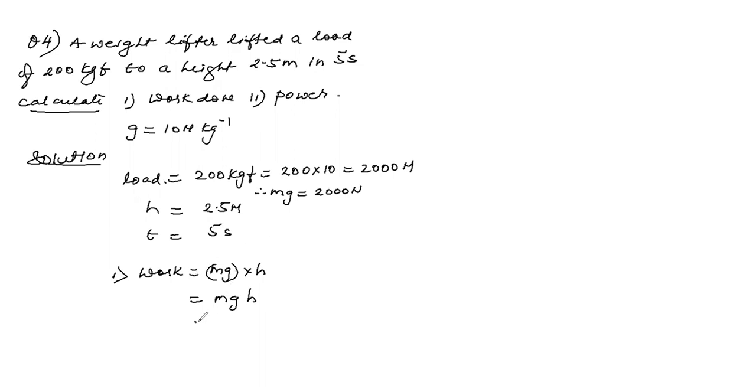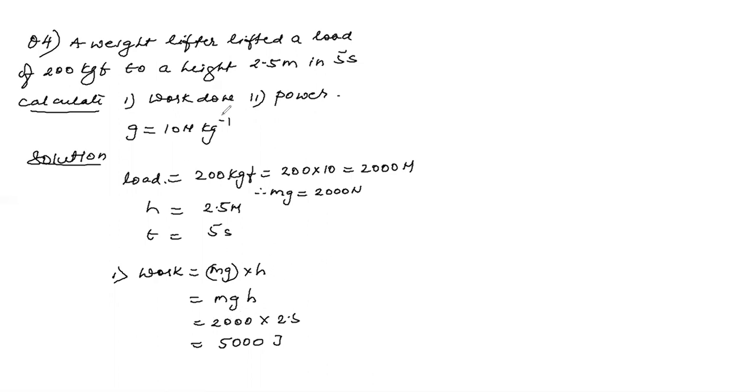So naturally 2000 into displacement 2.5. So what will happen, children, that 1 0 gets used up, okay? So it will become 5,000 joules. Got it? 1 0 gets used up. So 25 into 200 is 5,000, okay?